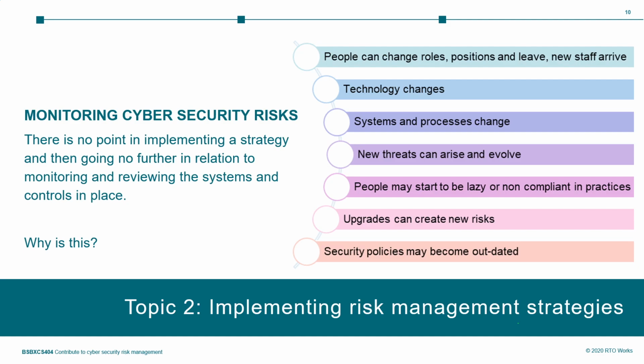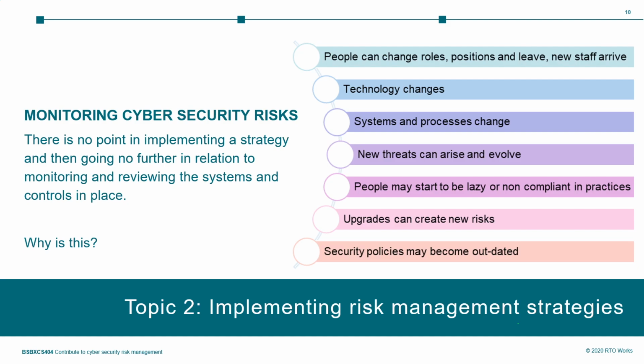So we need to monitor the strategy, make sure it's giving us the returns that we want. So we need to review the systems and controls that we put in place. This will help us measure whether we are successful in our strategy.